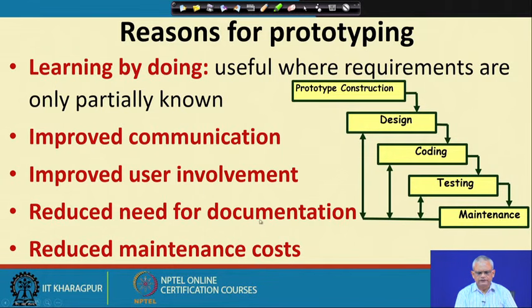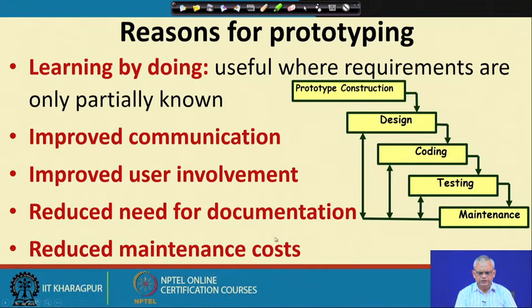There is a reduced need for documentation because the prototype serves the purpose of a requirement. An SRS document is not there actually, because the prototype serves as an animated requirement specification. Of course, if necessary, depending on the project, an SRS document can be written based on the prototype, but normally an SRS document is not needed because the prototype serves as the requirement specification.